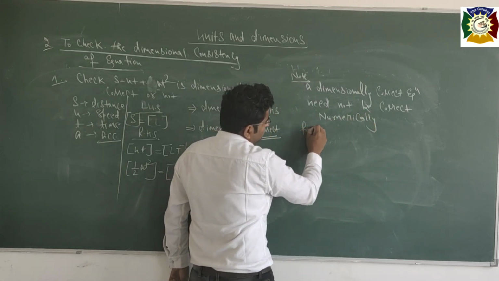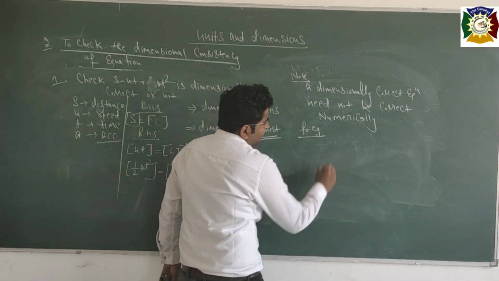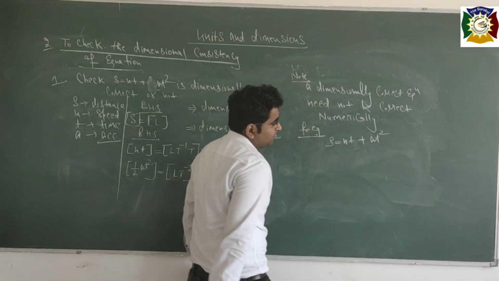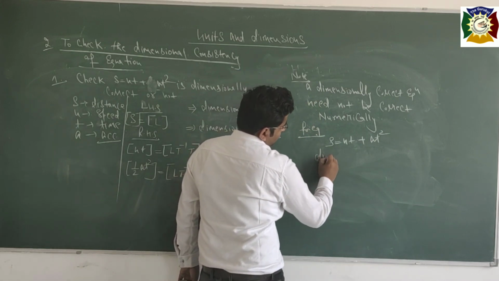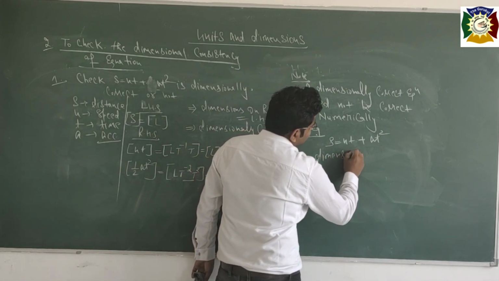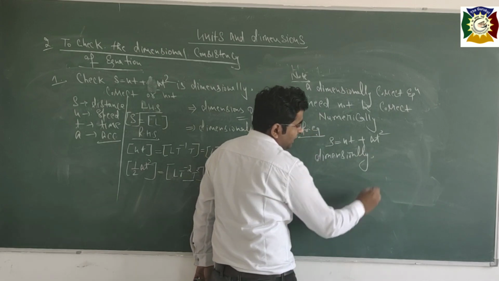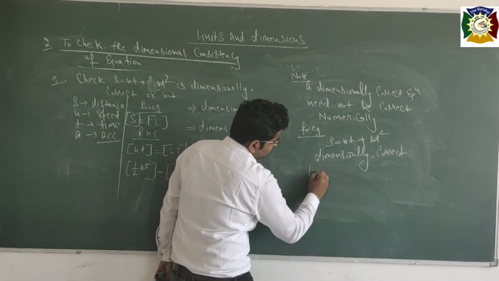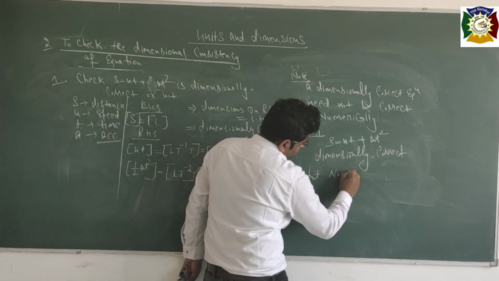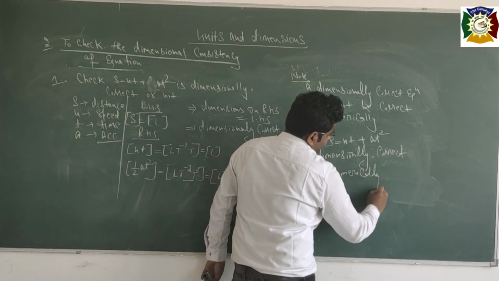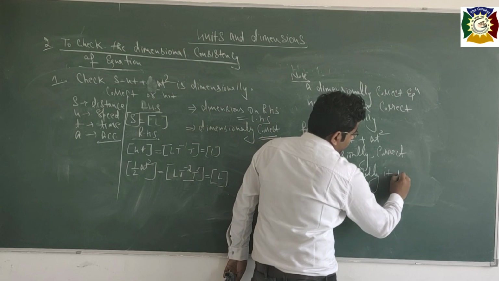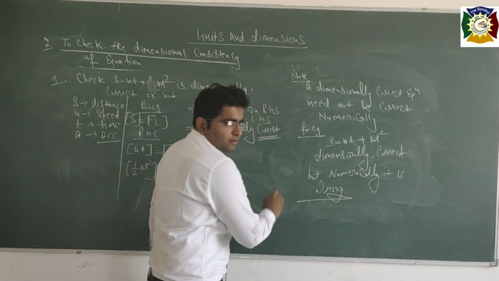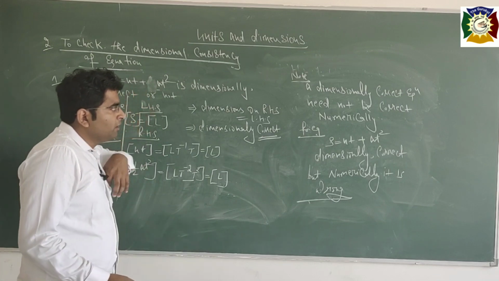For example, s equal to ut plus 8 square. This is dimensionally correct but numerically it is wrong. Clear?